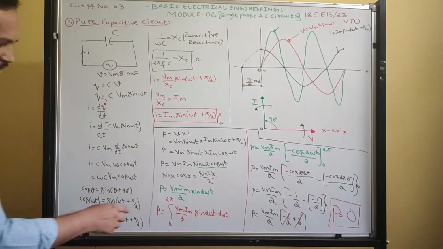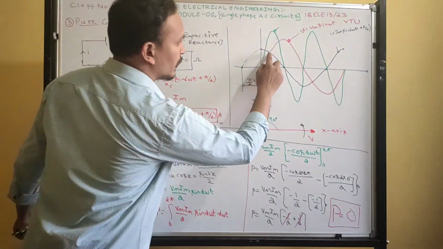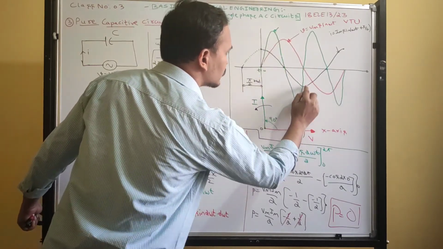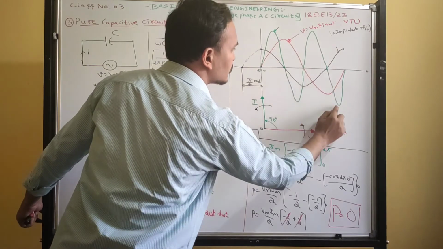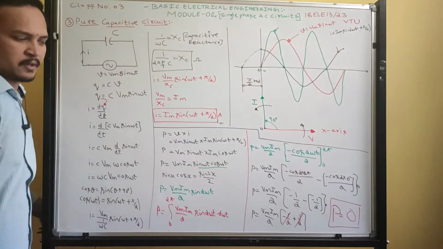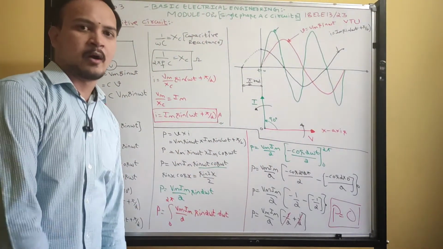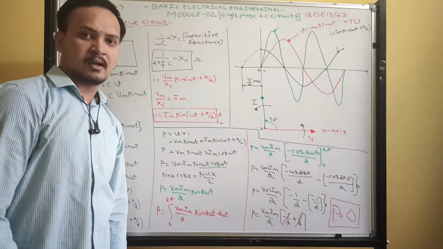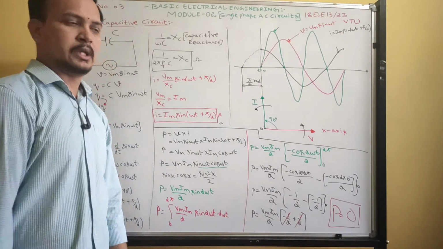Look here, sin 2 omega t. For one voltage cycle, how many power cycles did we get? This is one power cycle and this is another power cycle. 2 cycles of power. That is called the fluctuating component. So if you integrate the fluctuating component over one cycle, its average value is always 0.